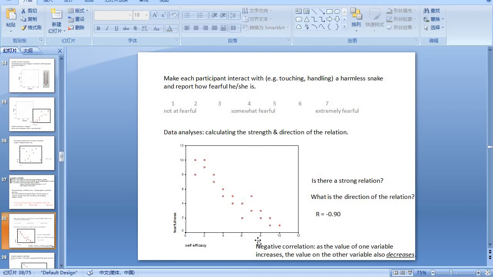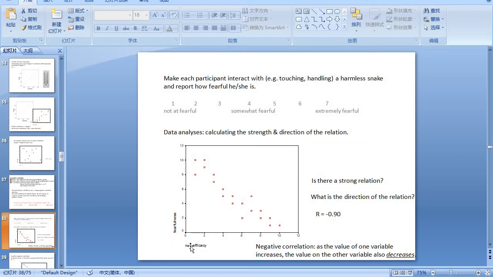You see, those individuals who are highly confident that they can handle the snake, they tend to show less fear. Their fear value is low. On the other hand, those individuals who are low in self-efficacy, not confident that they can handle the snake, their fearfulness is pretty high.